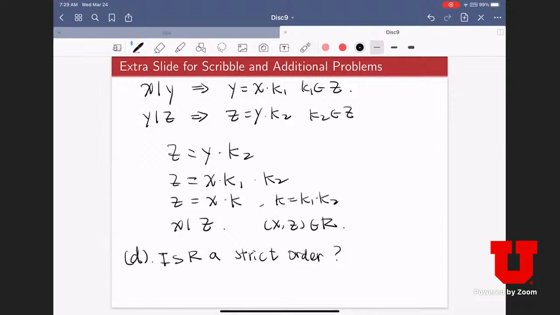So it is irreflexive, and so I think the one you're talking about is strict partial ordering. Is that correct?